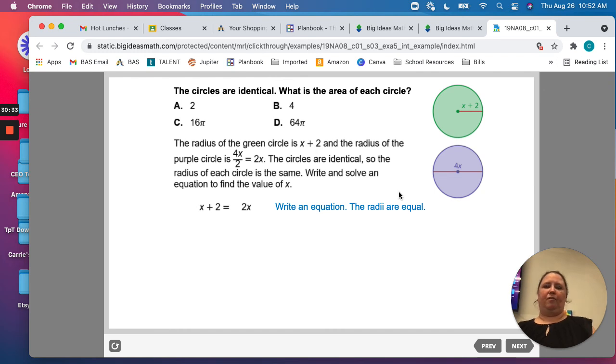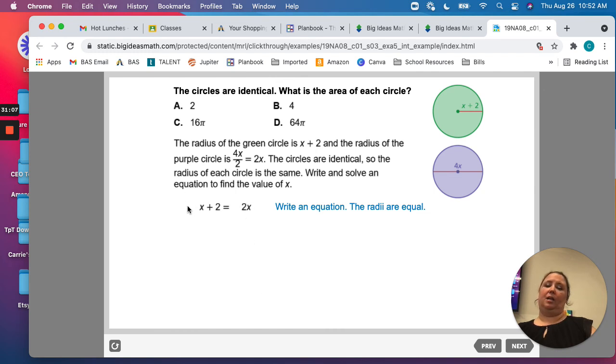Okay, well, to solve for x, so you can solve for the area, we can set the radius to be identical, right? So this radius is x plus 2. So you see that they put that here. The diameter on this one is 4x. So how do you find the radius? Half the diameter. So that's how they got 2x. Okay. So if you set this one to equal this one, we can solve for x, right?